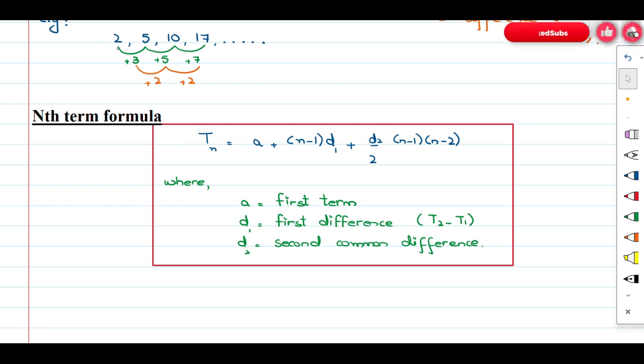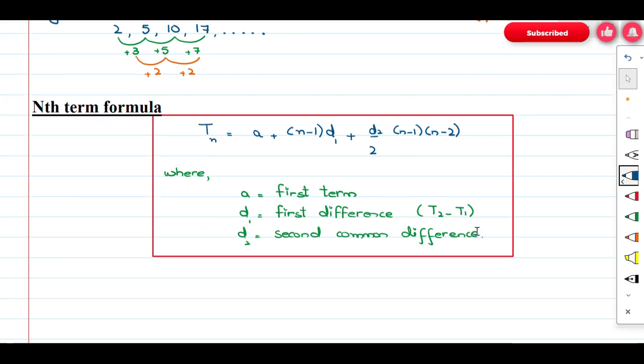Here a is the first term, 2, the first difference is 3, and d2 is the second common difference. In an arithmetic sequence, the first difference is common. In a quadratic sequence, the second difference is common, right?